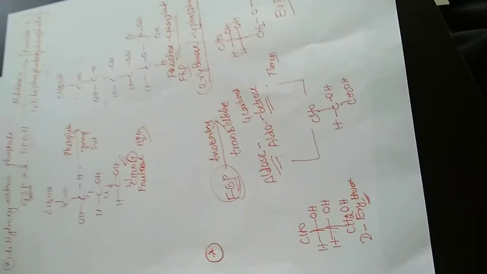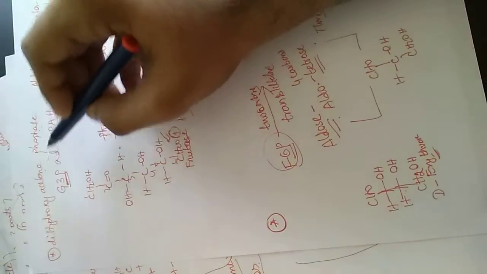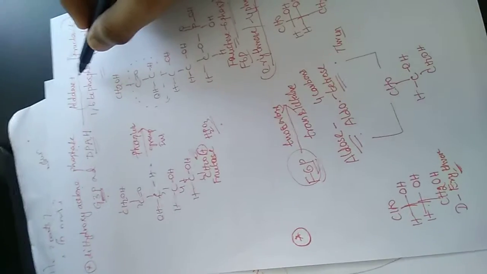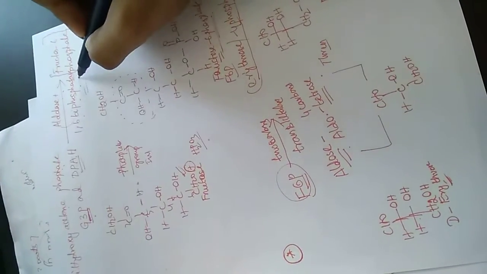So let me give just a recap of what I did. I took dihydroxyacetone phosphate, which is called DHAP, and G3P. In the presence of an enzyme called aldolase and 1,6-bisphosphatase, I converted it into fructose 6-phosphate.